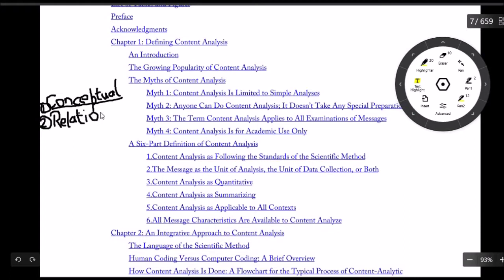Both things together, that is the relational as well as the conceptual part, will together form what I call content analysis altogether.